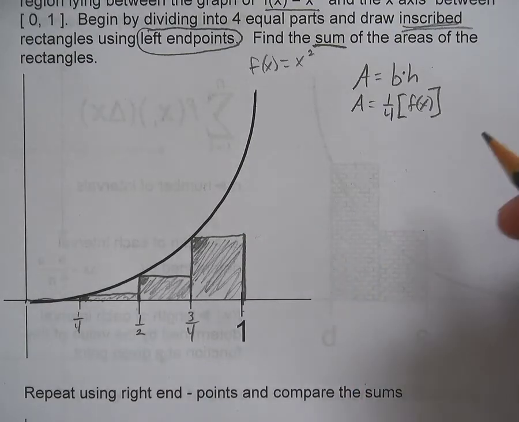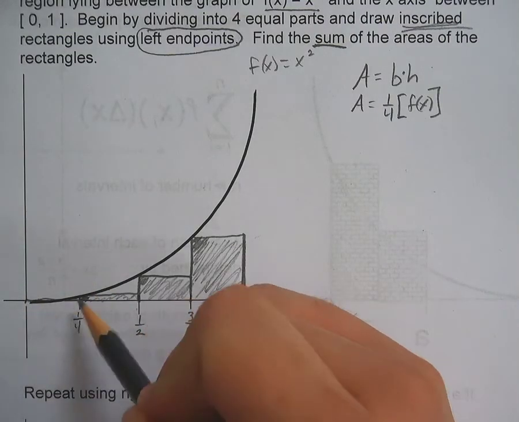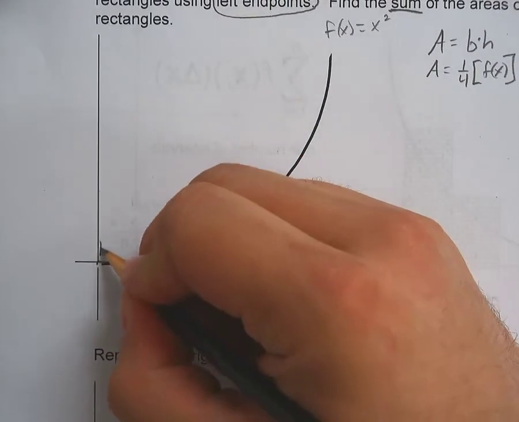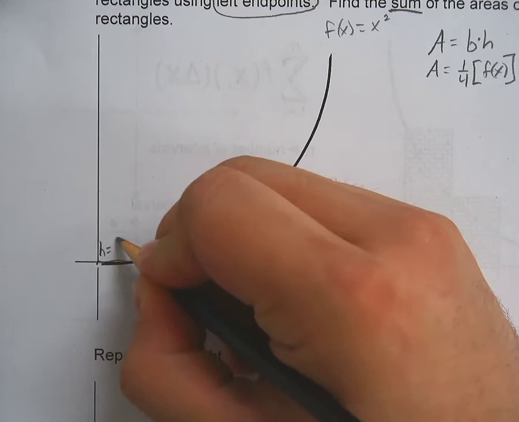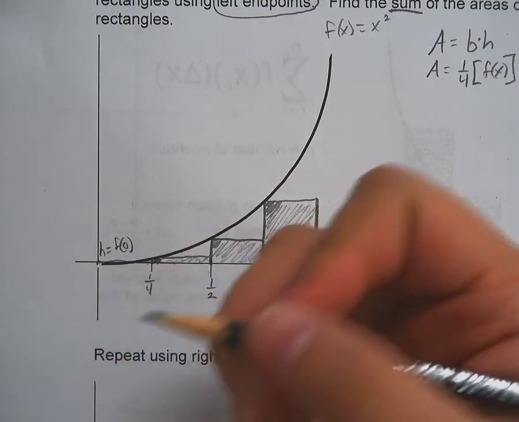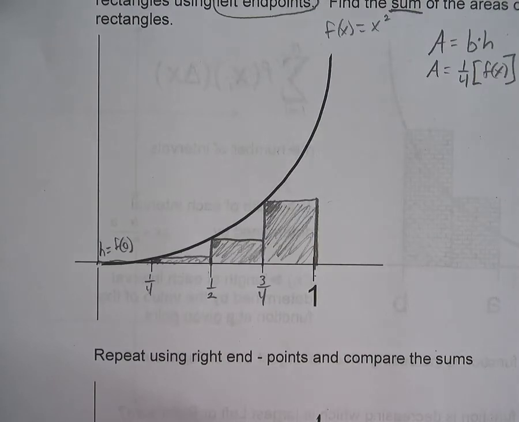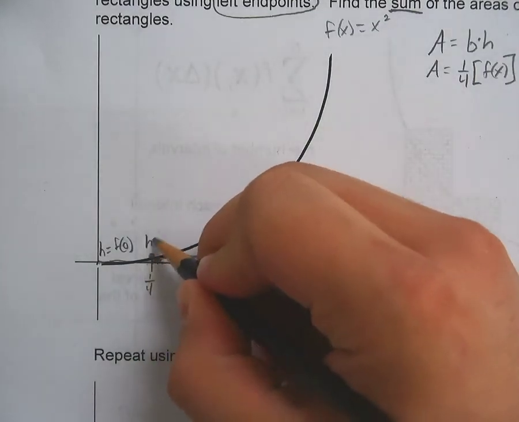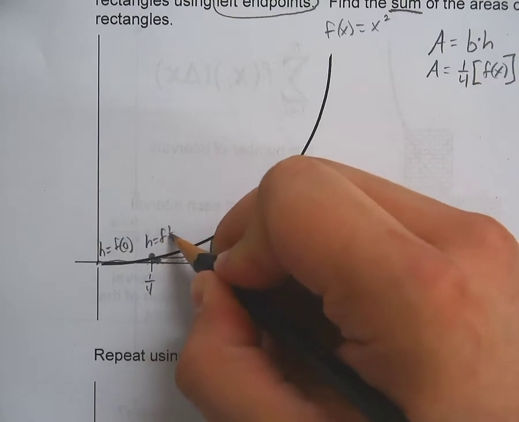Let's figure out what this is going to be. The height of this first rectangle equals f of 0. I go to this x value of 0, and it's whatever that is. We'll come up with that in a second. This height right here is f of 1/4.